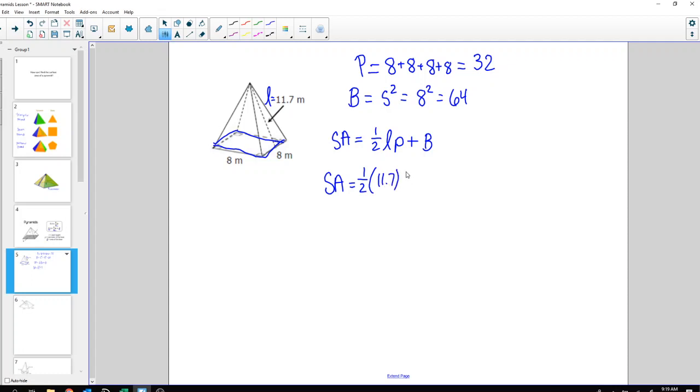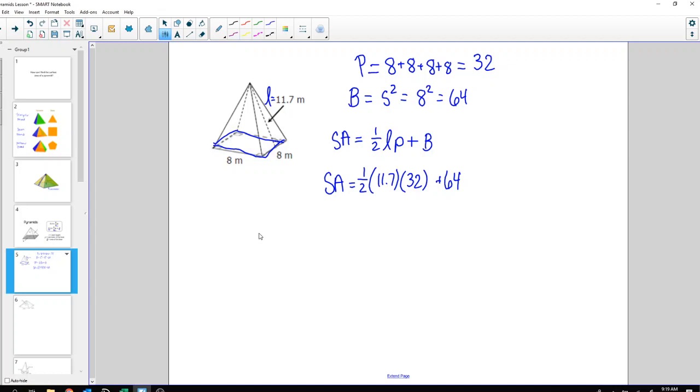So surface area is 1/2 times 11.7 times my perimeter, which is 32, plus the area of that base, which is 64.